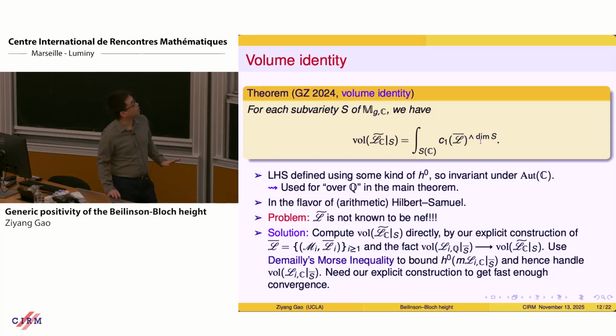So before moving on, let's look at the feature of this one. The volume is still defined as in algebraic geometry. It's the volume in terms of the growth rate of the global sections. It's just that now you require some growth behavior at infinity, at the boundary. But at least it's some kind of H0, so it is invariant under the automorphism of C. And this is why, on the left-hand side, it's something very algebraic geometry or arithmetic.